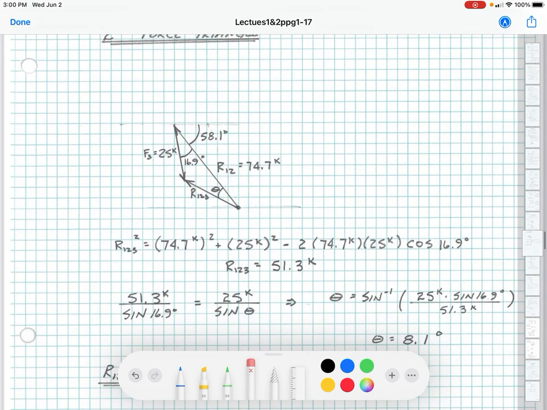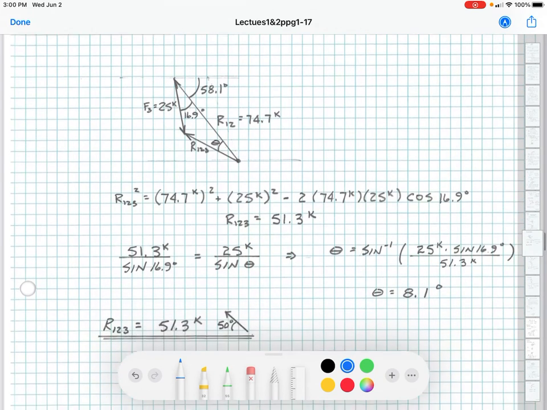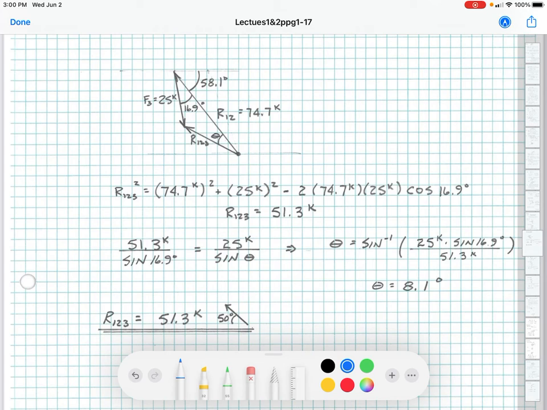And now we can go into the law of cosines. What you're doing is taking the R12 tail to head and adding the F3 to it, and that's giving us R123, the resultant of all three of the forces.